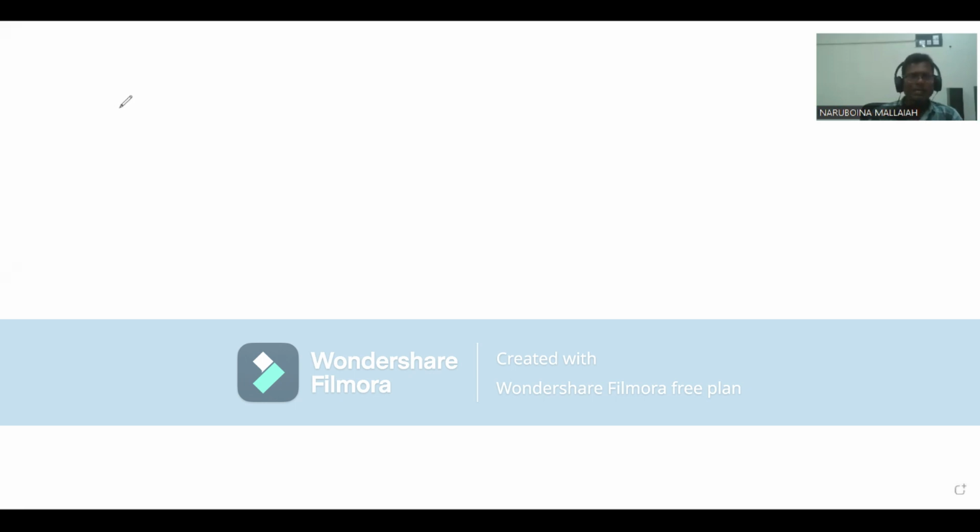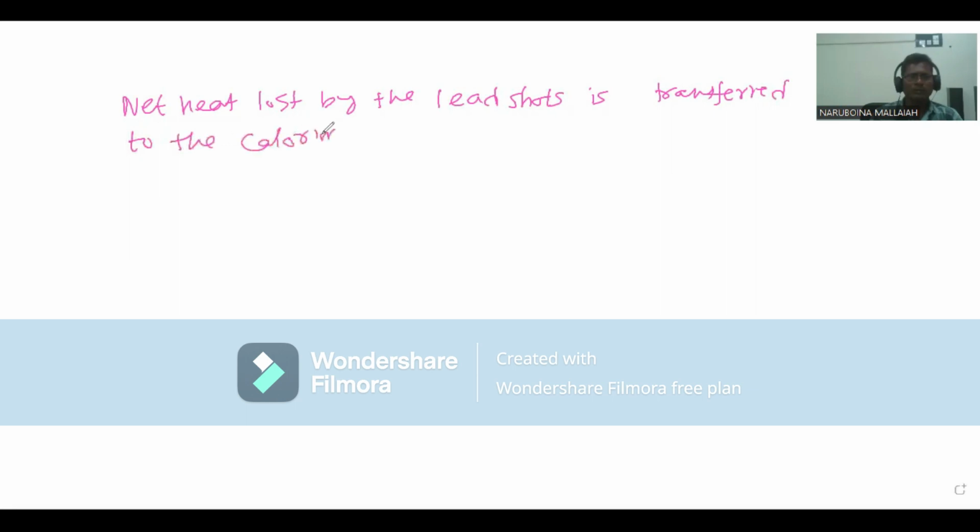That means net heat lost by the lead shots is transferred to the calorimeter and the water present in the calorimeter.